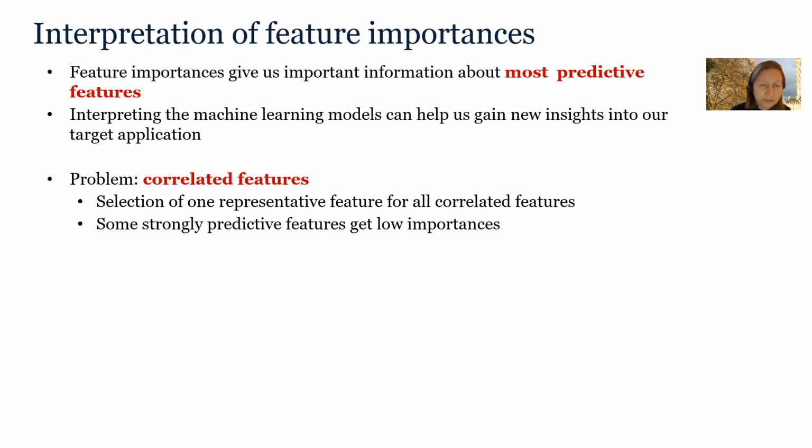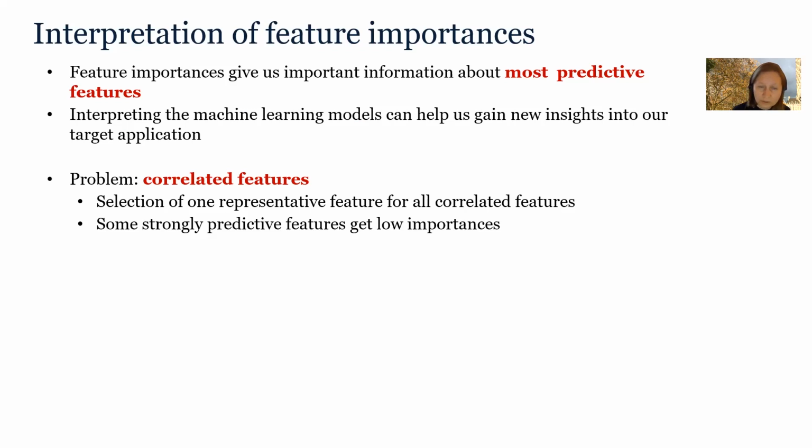And the problem is that we can have correlated features in our data set. So many methods will select only one representative feature for all correlated features. And that way, some strongly predictive features will get lower importances, which of course doesn't really correspond to their true value.